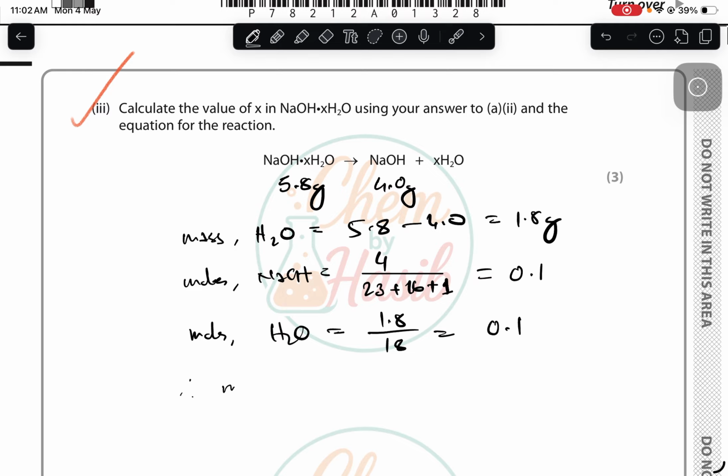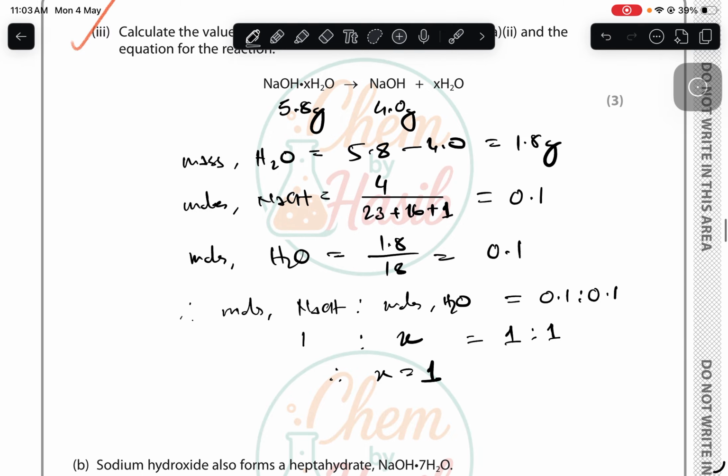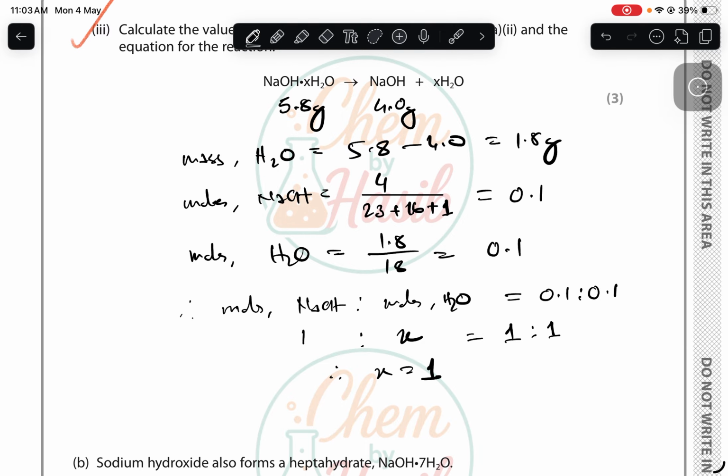So therefore, the moles of sodium hydroxide to moles of water is 0.1 to 0.1. It is 1 to x equals 1 to 1, right? Because the moles of water according to the equation was x. So therefore, x must be equal to 1. This should be our answer. So it was a pretty easy question.